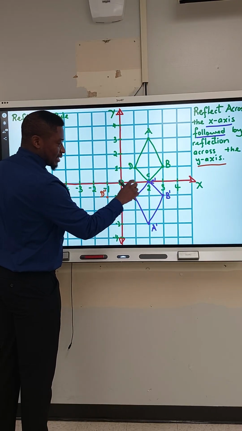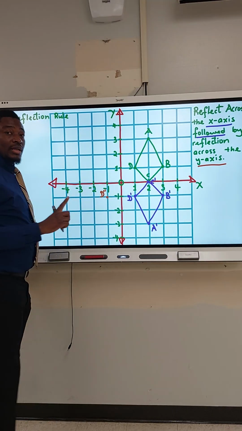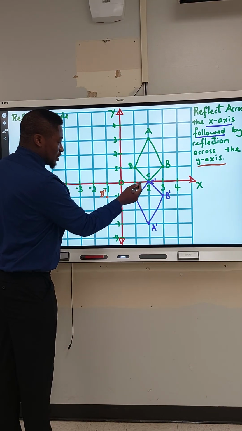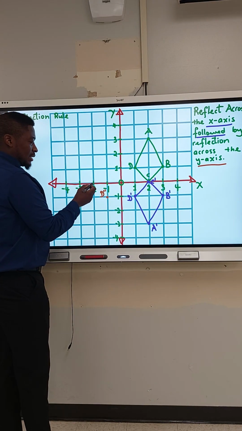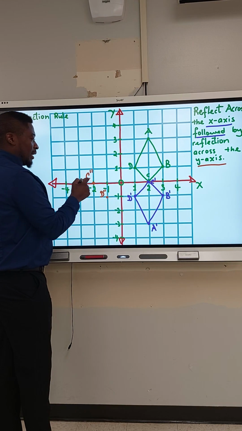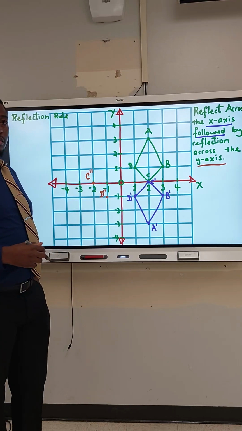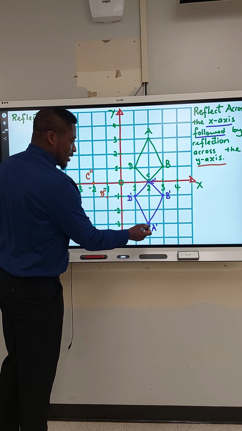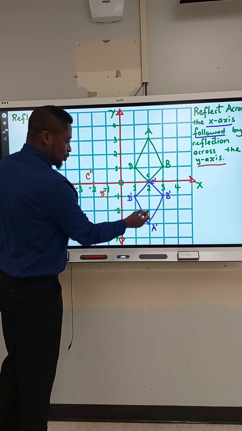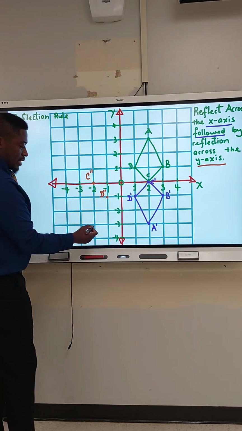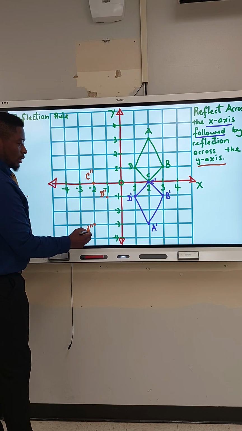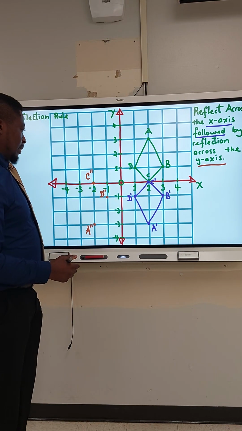So the x-axis is no longer the mirror. And so this C prime is 2 units away from the mirror, and C double prime will be here, 2 units into the mirror. A prime right here is 2 units from the mirror, and so A double prime here will also be 2 units from the mirror.